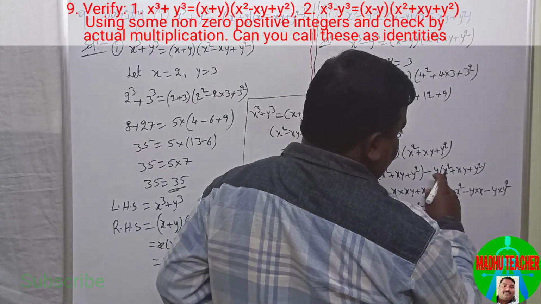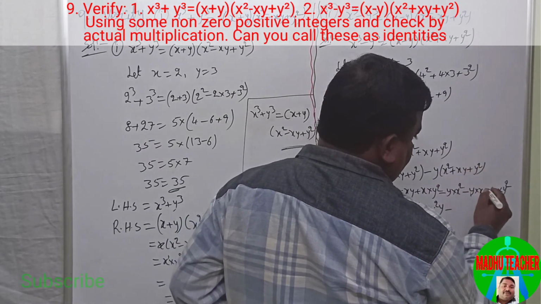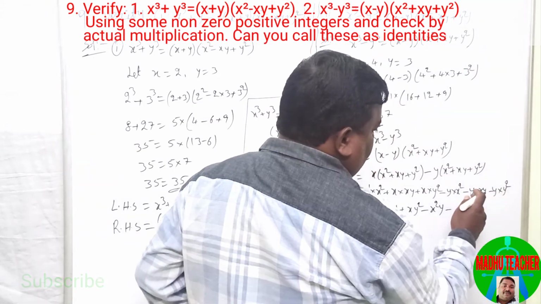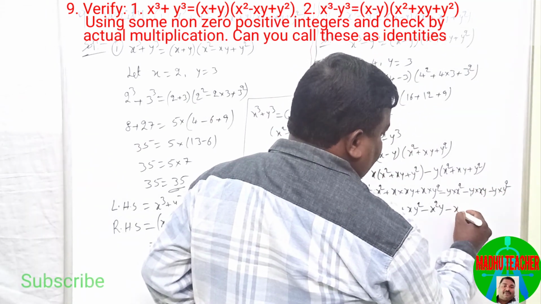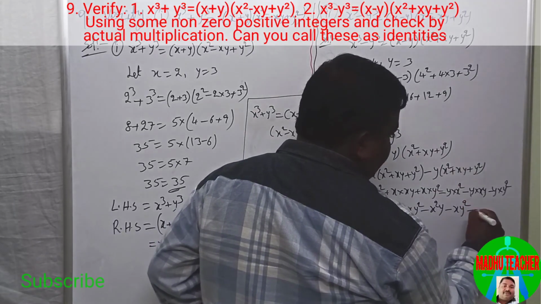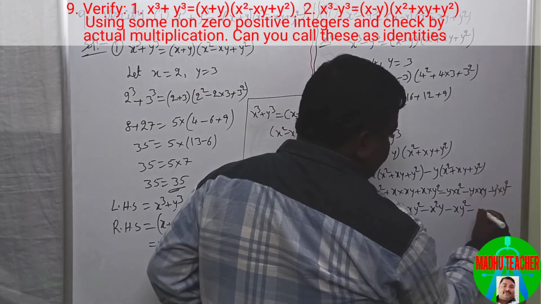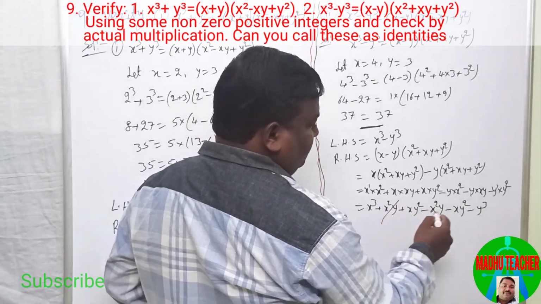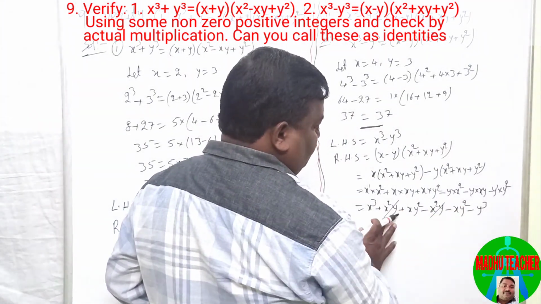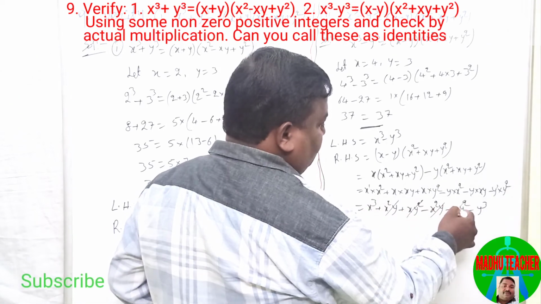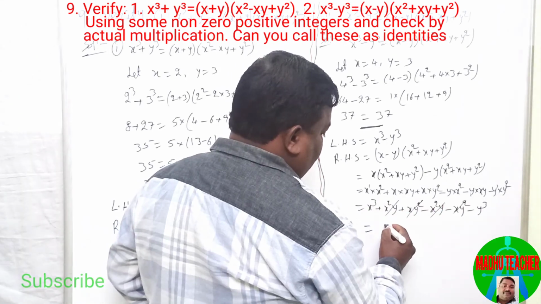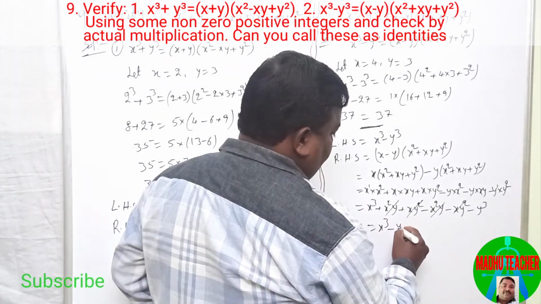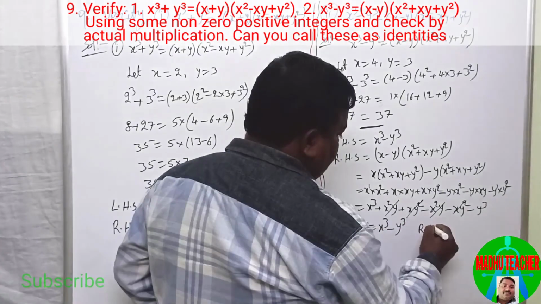Minus y into xy, this is not only x, this is xy, so y into y, y square, that is xy square, minus y into y square, 1 plus 2, 3, y cube. So here plus x square y minus x square y and plus xy square minus xy square get cancelled. Finally we will get x cube minus y cube. This is RHS.